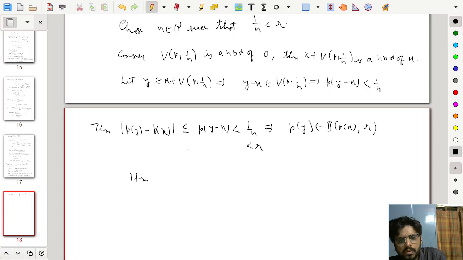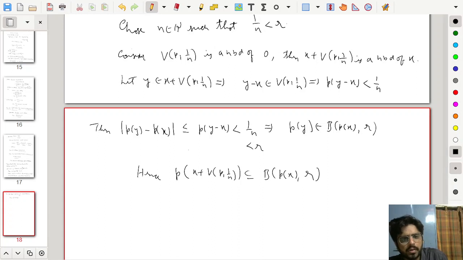Hence the image of this open neighborhood x plus V of p comma 1 by n under p is contained in this ball of p of x comma r. This implies p is continuous at x.